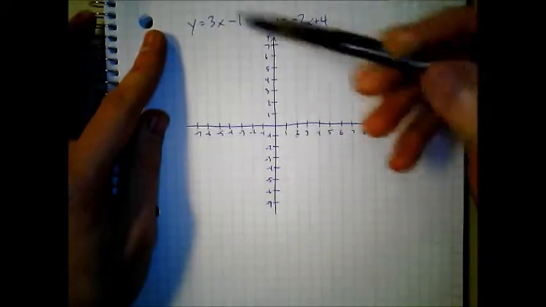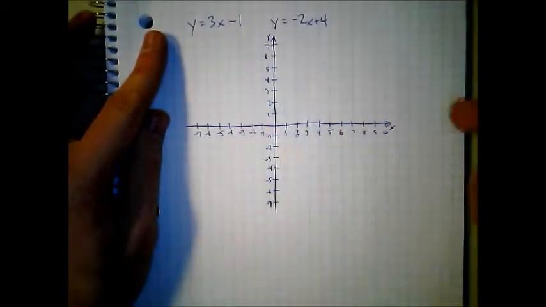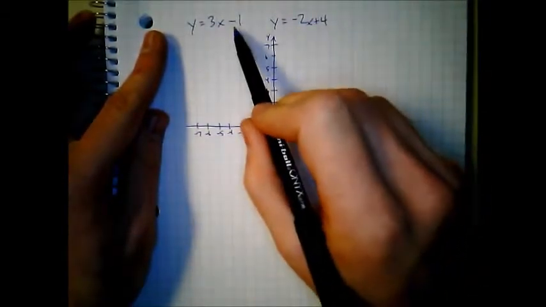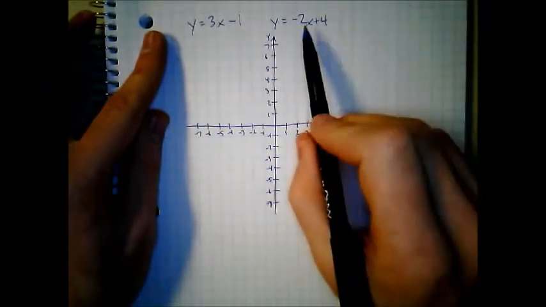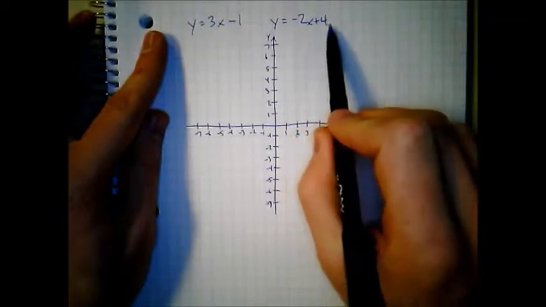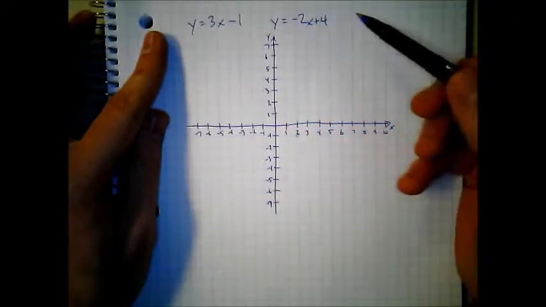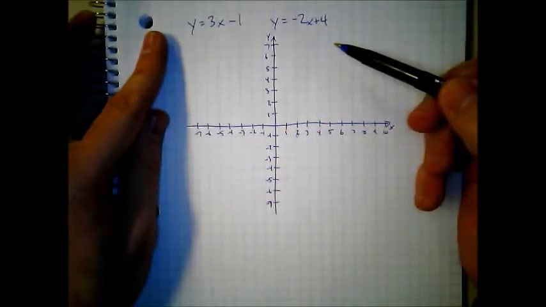Alright, so let's first understand these two equations. We have y equals 3x minus 1. This means we have negative 1 tile in figure 0, and we're adding 3 tiles each time. Our second equation, y equals negative 2x plus 4. We have 4 tiles in figure 0, and we're subtracting 2 tiles each time.